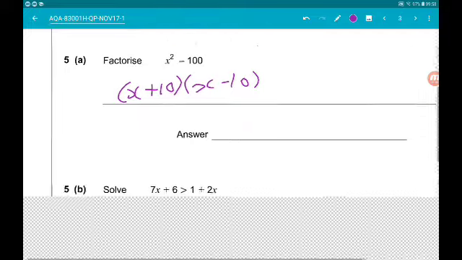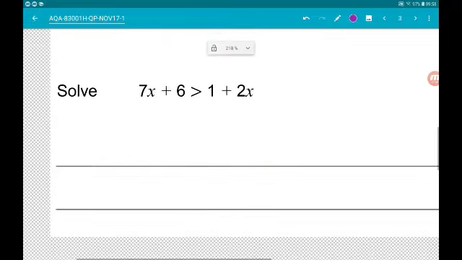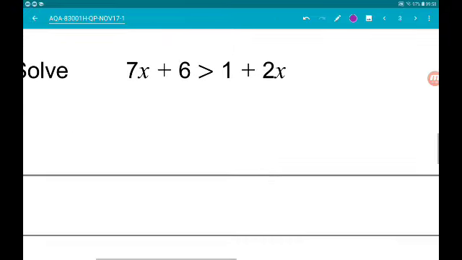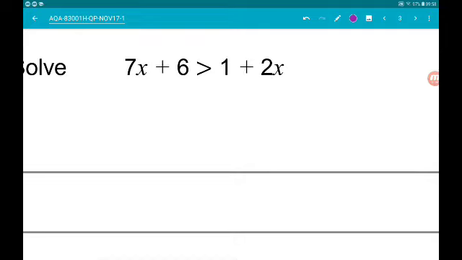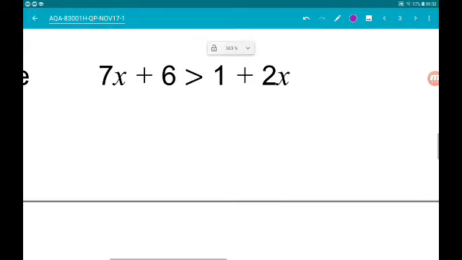5b wants us to solve 7x add 6 is greater than 1 add 2x. So whenever you're asked to solve, that means get x on its own on one side. So first step, move this 2x by minusing 2x from both sides.